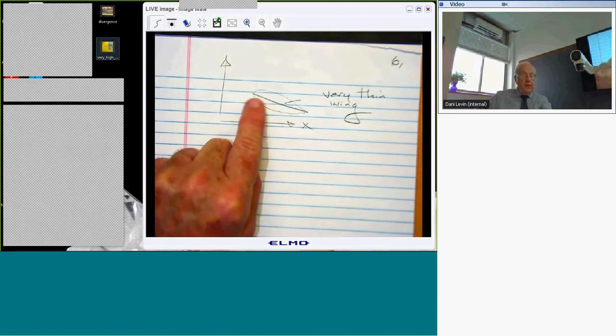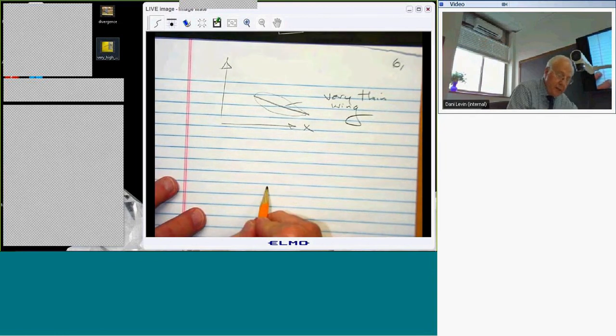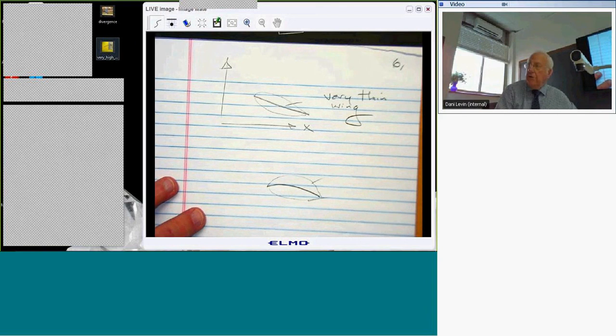I can have curvature. Okay, so I could also do a case like this. But again, I would just ignore the thickness part and treat it as infinitesimally thin, but with curvature. That would give me a different W sub A than in this case, but in both cases they would have the same symmetry and asymmetry properties.